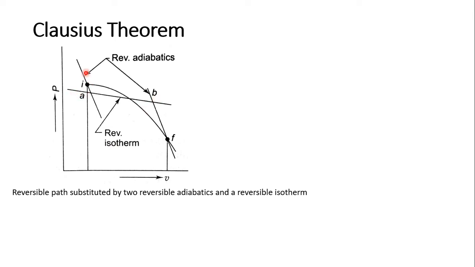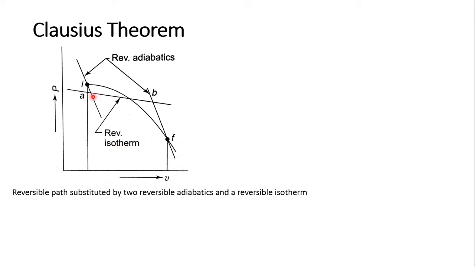Now I can draw this anywhere, right? But you have to draw it in such a way that, what is the area under a PV diagram? We have already studied in module number 1. The area under the PV diagram is work done. So the area under IF will be equal to the area under IABF. In such a way you have to draw this AB reversible isothermal process.